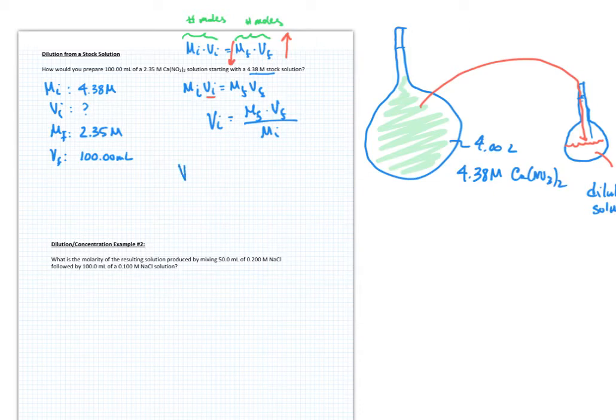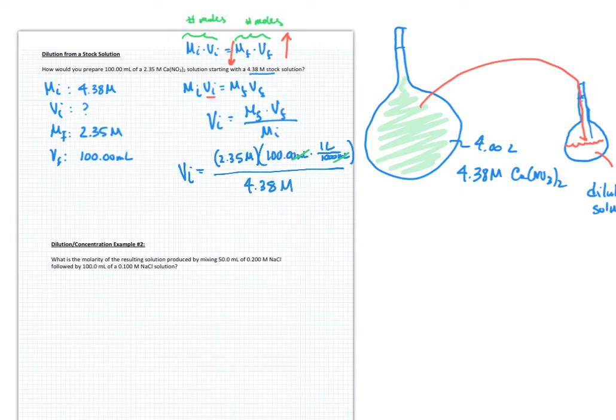So V initial is going to equal M final, 2.35 molar, times V final, 100 milliliters, times 1 liter for every 1,000 milliliters. Milliliters are going to cancel milliliters, divided by 4.38 molar.